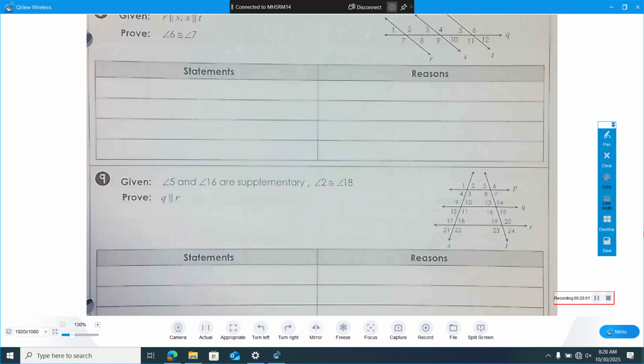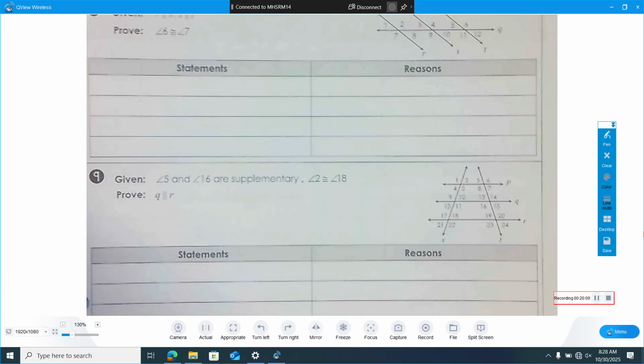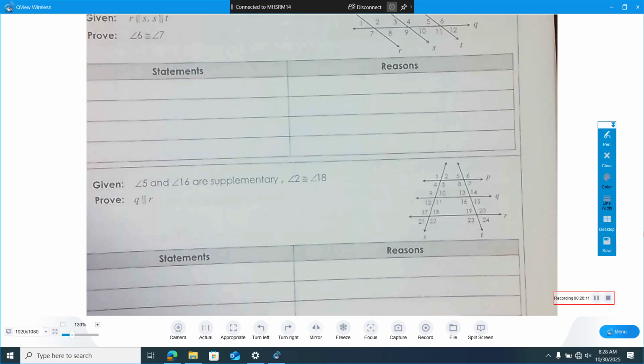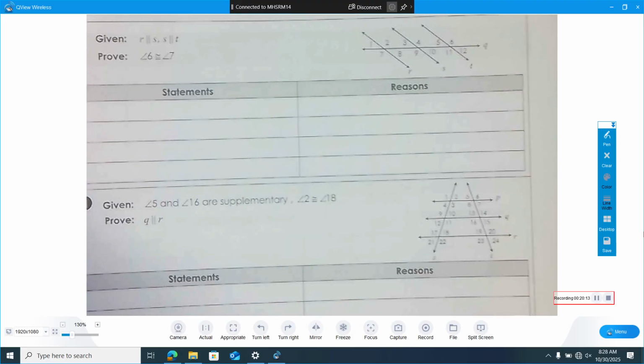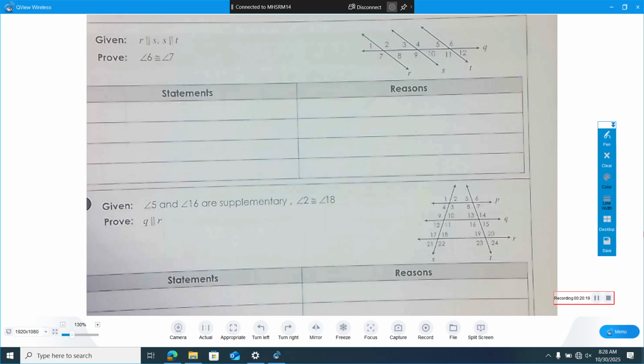Maybe 10 might be a little bit different. I don't know. We'll see. Actually, let's do number 8 too. Never mind. No, 9 and 10 is fine. We'll do 9 and 10.